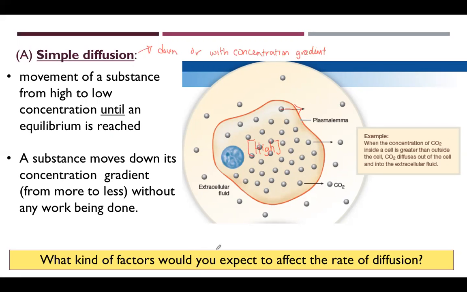Now, what kind of factors would you expect to affect the rate of diffusion? So the rate at which the molecules are moving from inside the cell to out, or out to in.